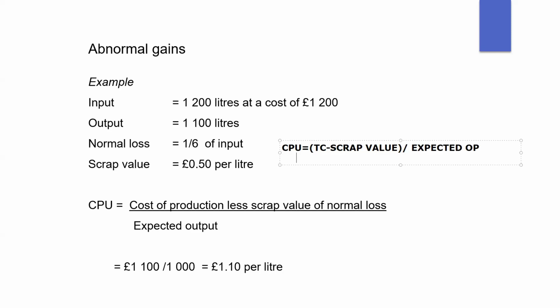So here, the total cost is 1200. From this one, we are going to deduct the scrap value of the normal loss. Here, 1/6 of the input is normal loss, which is 200. It should be multiplied by 50 penny. So this value should be divided by the expected output.